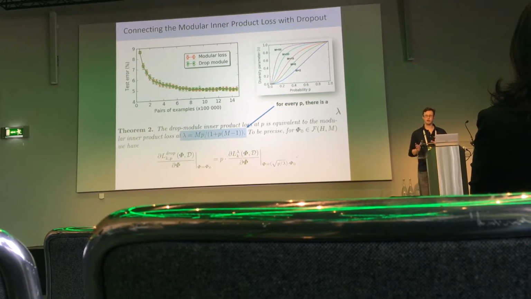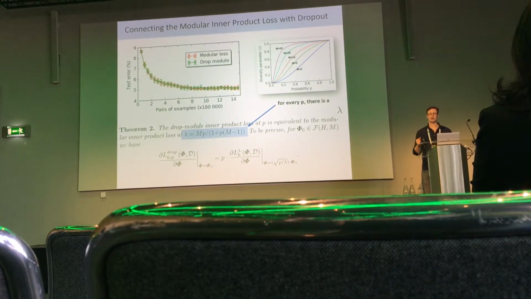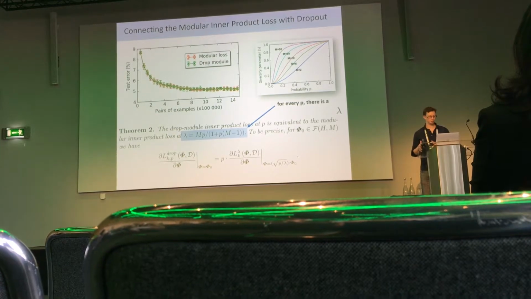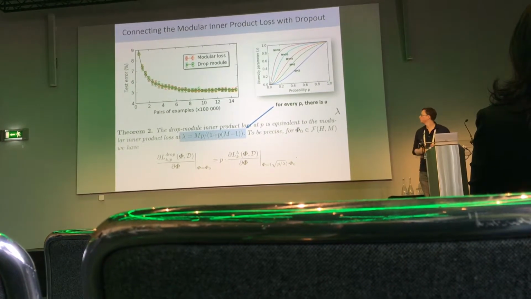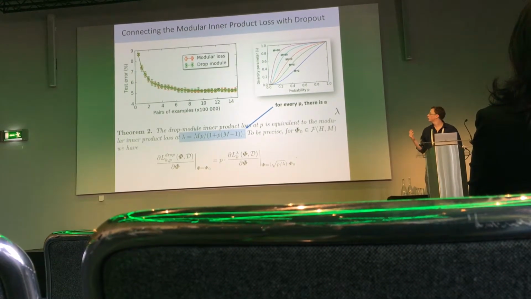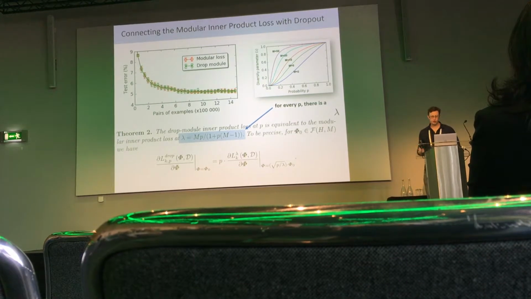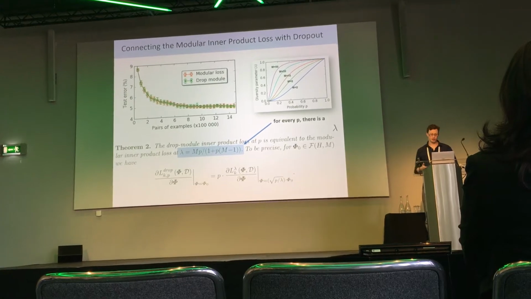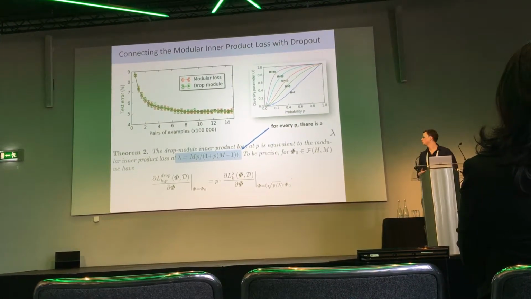If we choose the right combination of probability and diversity parameter, we get precisely the same gradient updates in expectation. We can see this here if we compare the dropout-based algorithm with the modular loss trained with stochastic gradient descent: we get a very similar trajectory during training.